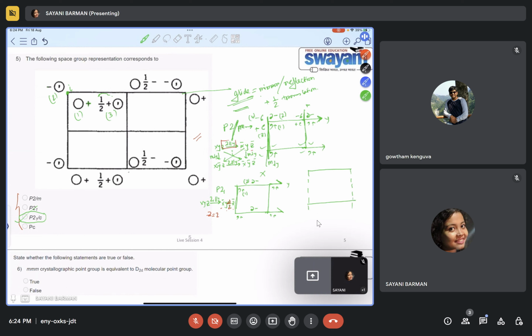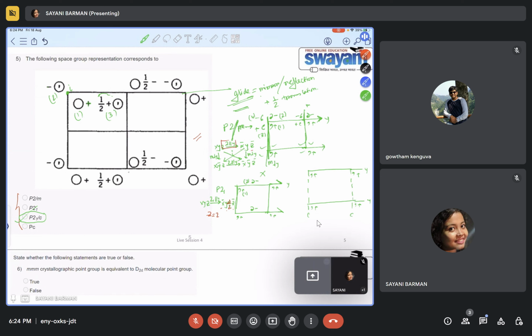So this is a C glide. Y means Y axis. C means it's in Z direction. So PC, if we apply, let me draw the points first. Okay. These are the points.